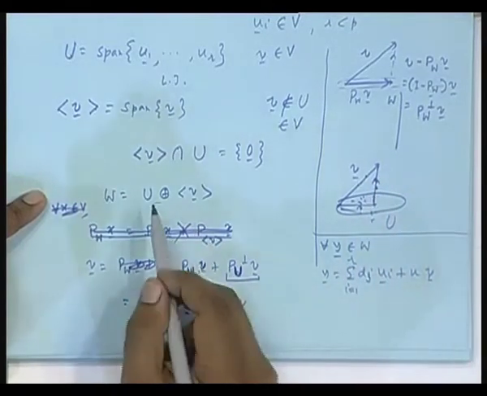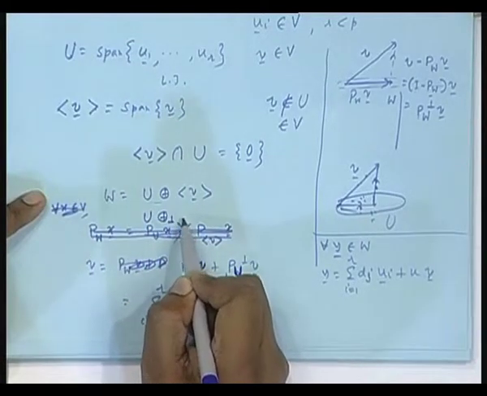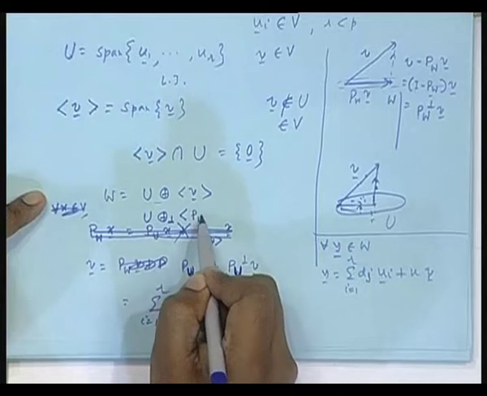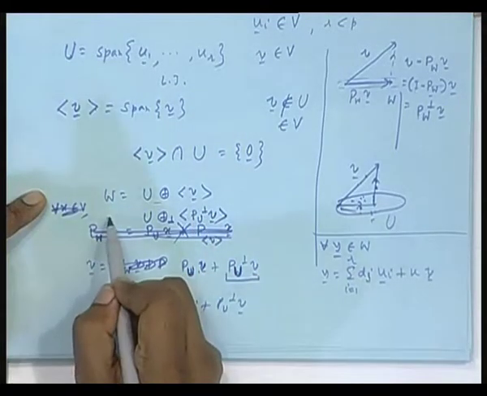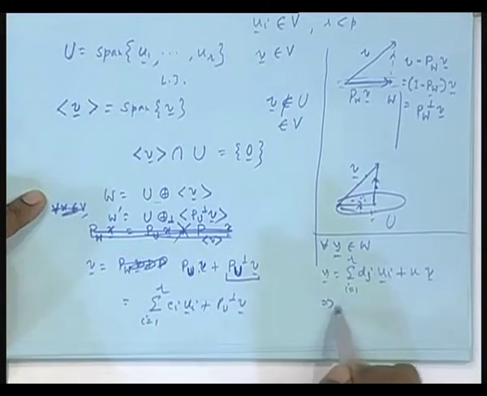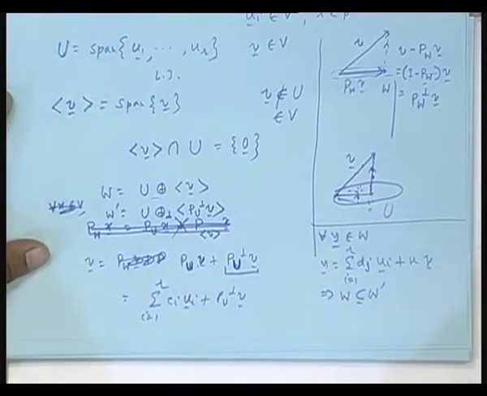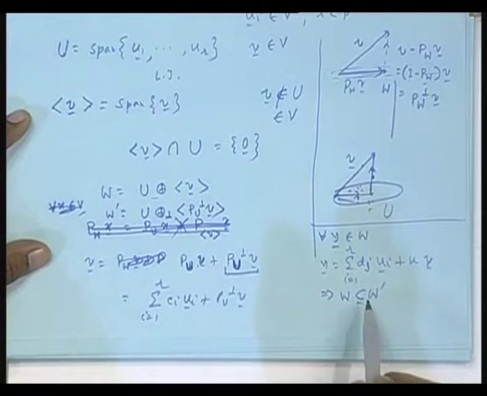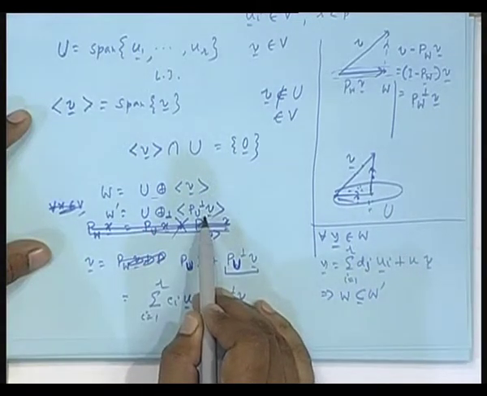That means, if I consider this to start with, you can call it say W prime, then obviously this means W is contained in W prime. Any vector in W is a linear combination of the basis of u and this vector, isn't it?